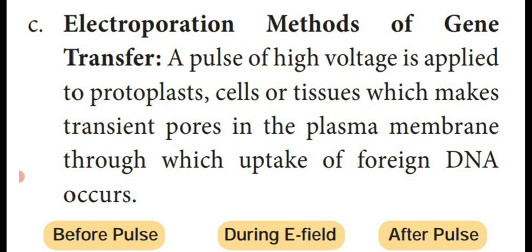That is the electroporation method of gene transfer: producing a pore on the plasma membrane using high voltage electric current to insert the foreign DNA molecule into the host cell.